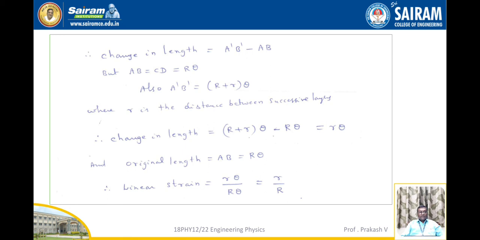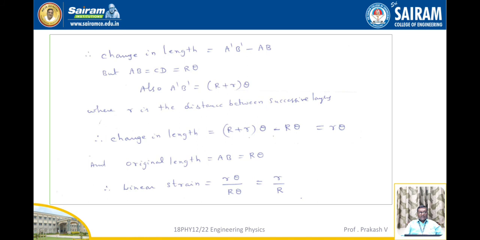Also A dash B dash will be equal to capital R plus small r into theta, where small r is the distance between the successive layers. Therefore the change in length will be capital R plus small r into theta minus capital R into theta. Capital R theta cancels, so it will be equal to small r into theta. And the original length AB will be equal to capital R into theta.